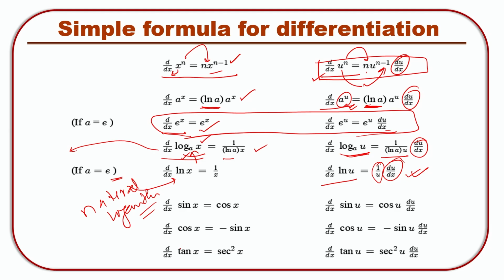Similarly, what will be the derivative of sin x? That is equal to cos x, and the derivative of cos x is equal to minus sin x, tan x equal to sec squared x. But what will be the derivative of sin u, where u is also a function of x itself? You have to use the chain rule.